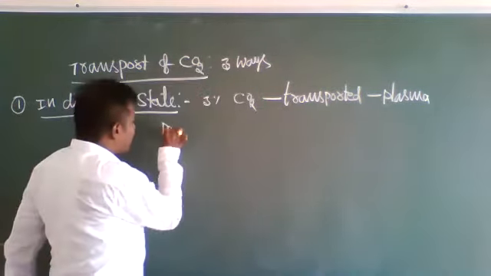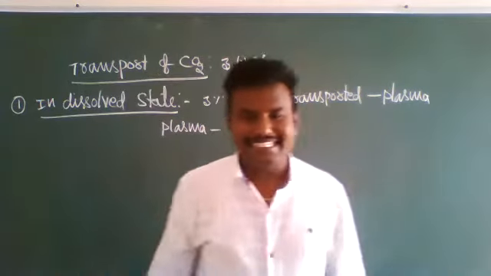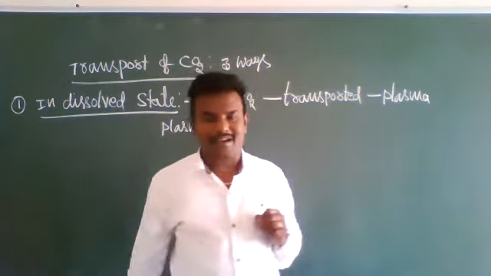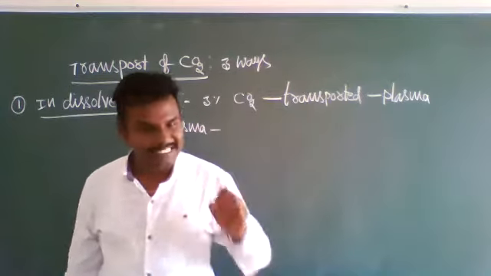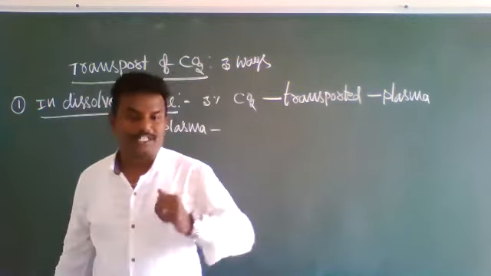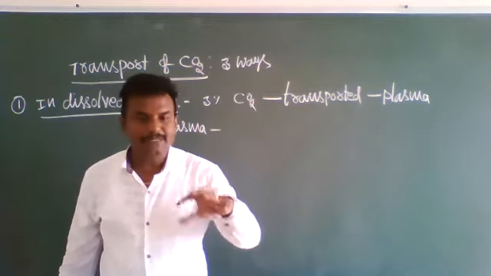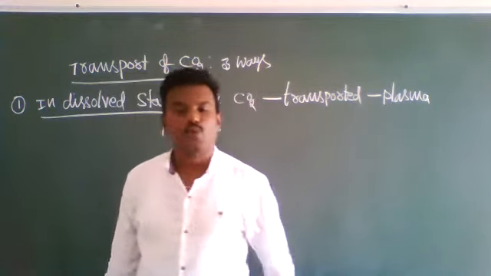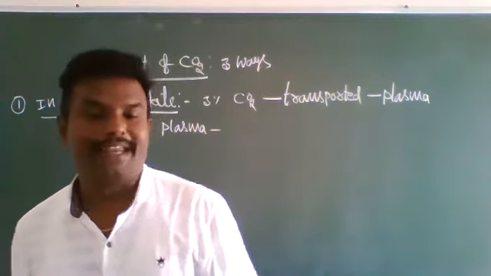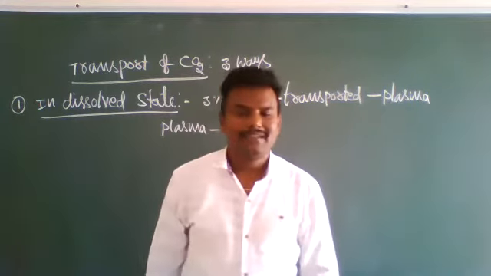Here, plasma. What is plasma? It is slightly yellow in color, alkaline in nature. It is present in blood, in which the chief component is water. Plasma contains 95% water. The remaining 5% has albumin, globulin, fibrinogen, and other factors.